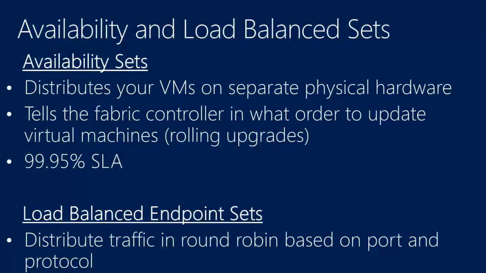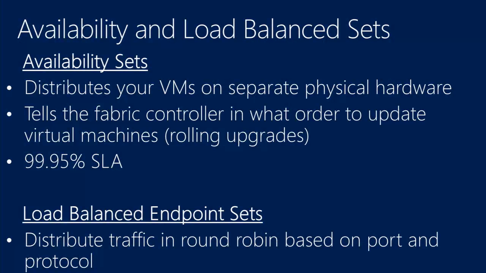The second thing I want to talk about that increases your high availability is load balanced endpoint sets. Everyone knows what a load balancer is and why it's valuable. It distributes load, but it can also be used for high availability. One of the things that you can do in Windows Azure is define health probes. Say you have 2 or 3 web servers, and something bad happens on one of those virtual machines.